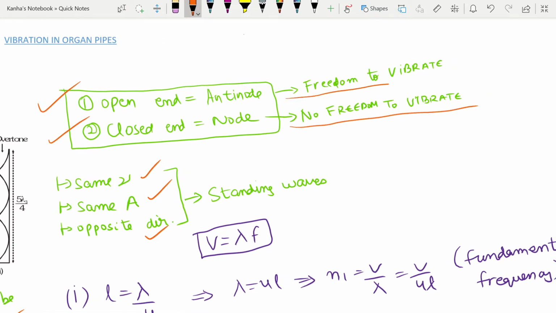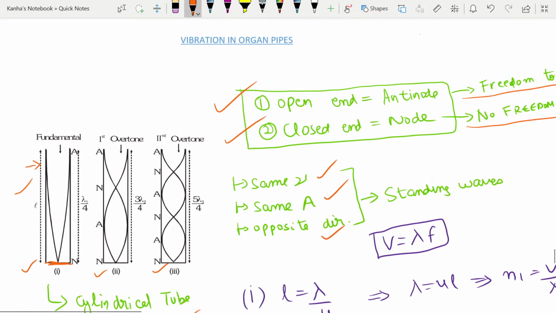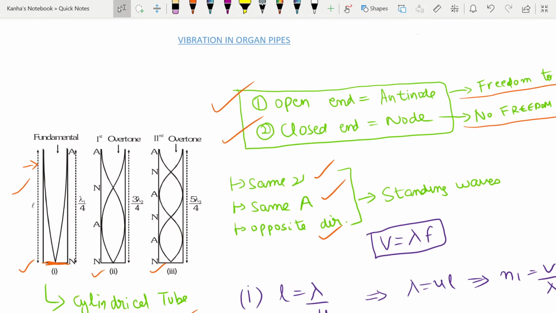At an antinode there is freedom to vibrate, meaning maximum amplitude. In the first case, let's say you are blowing air at the open end. Now the column will vibrate, forming antinodes at the free ends and nodes at the ends that are fixed, or closed.